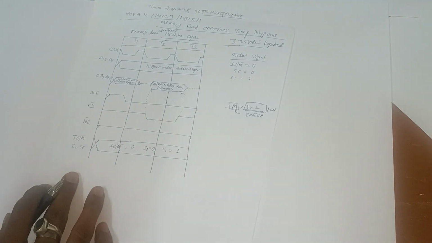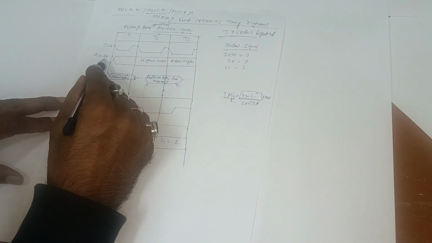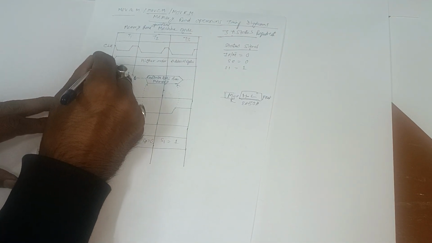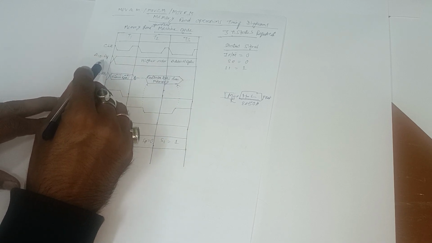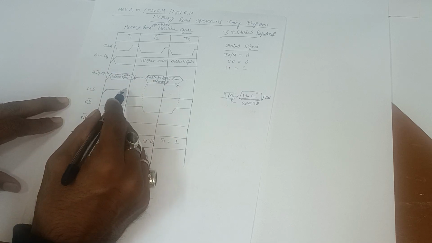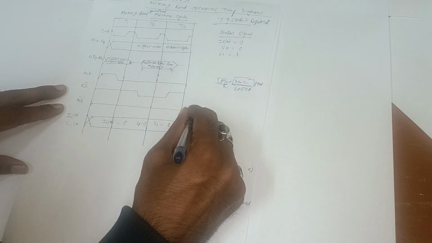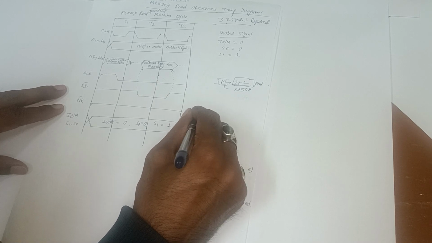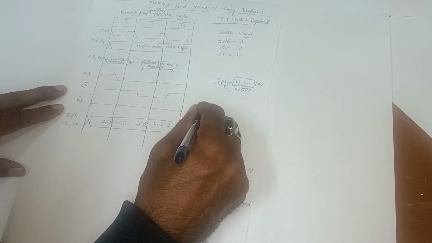I hope it is visible to all of you. Now coming to this part, again in the same fashion we are taking A8 to A15, which is the higher order address bus, so the higher order address byte will be taken. Suppose it starts from the 1000H memory location.